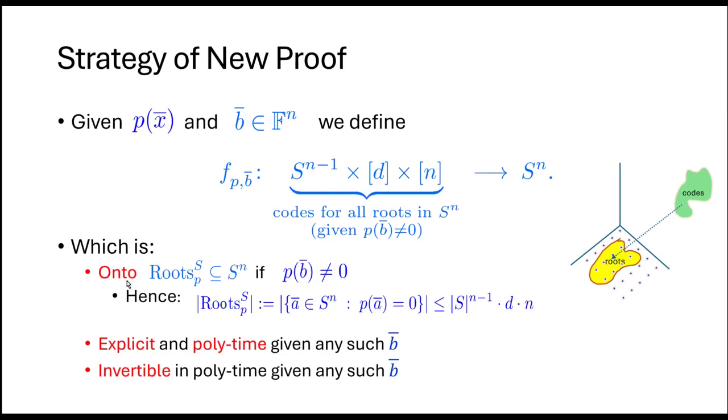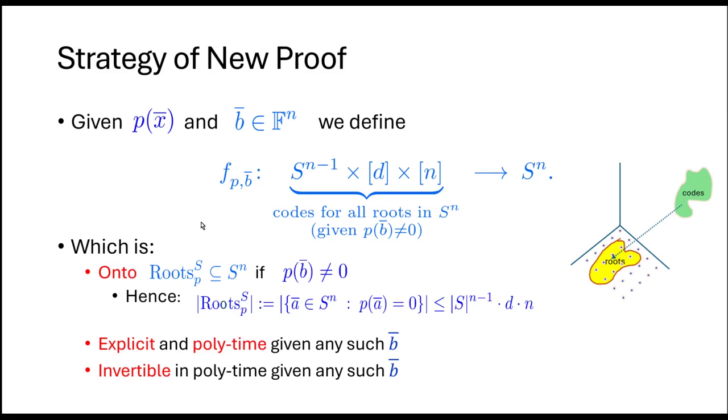It's going to be onto the roots, and I write roots_S(P) to denote the set of roots of the polynomial P over the Boolean cube S to the n, which of course live in S to the n.